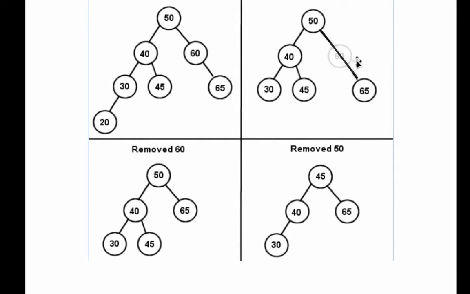The child of the node that we're deleting. That happens to be the right child of 65. In other words, the right child of 50 should be 65, and that's exactly what we have in here. So basically, we have bypassed 60, and that removes it from the tree.